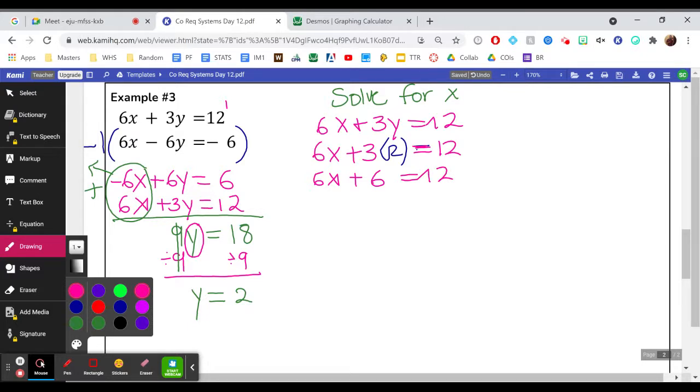Now, I want to solve for x, so I'm going to subtract 6 from both sides. So I bring down the 6x, then plus 6 and -6 is a zero pair, so it goes out. 12 minus 6, that's 6.